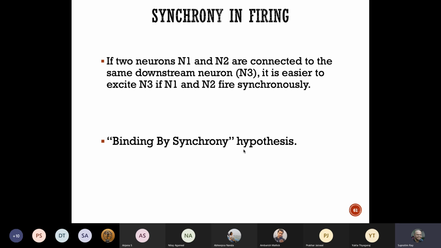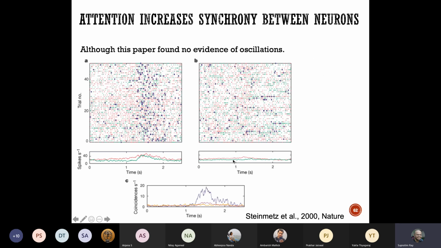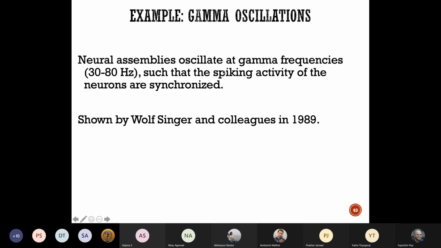However, this binding by synchrony hypothesis, when it first came about, was based on this very cool observation that neural assemblies, the neurons that fire together, also oscillate at a particular frequency, which happens to be about 40 hertz or so.